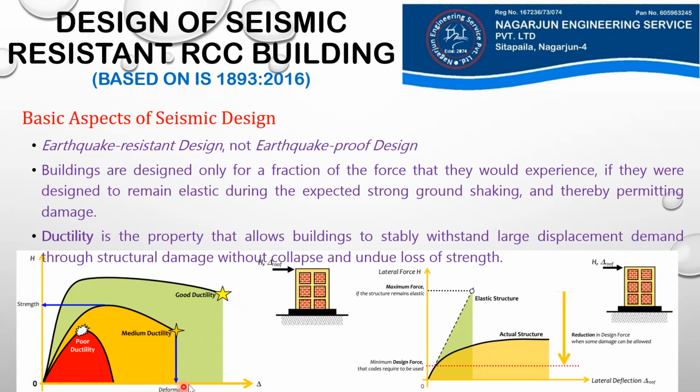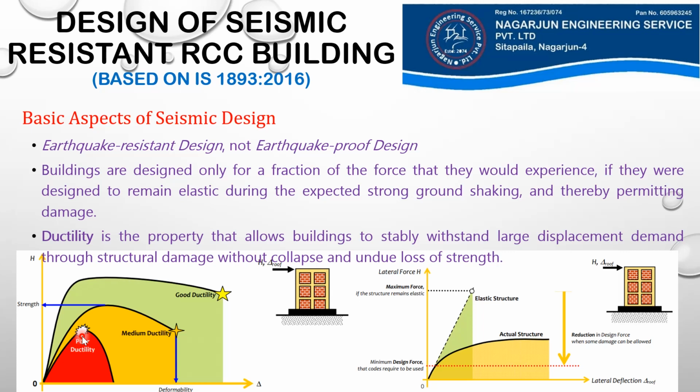If you see the graph on the left hand side, there is lateral force versus displacement. This is another graph. As we can see, there are cases where a structure has good ductility, medium ductility, and poor ductility. If the structure has poor ductility, once this straight portion of the graph ends, there is a collapse of the structure.